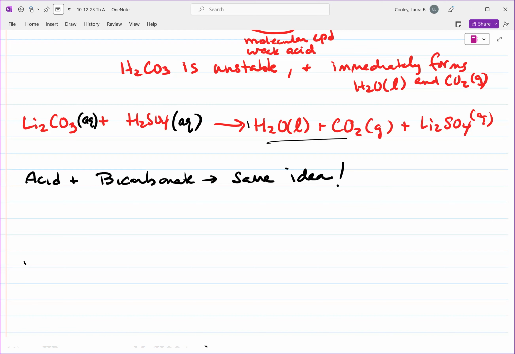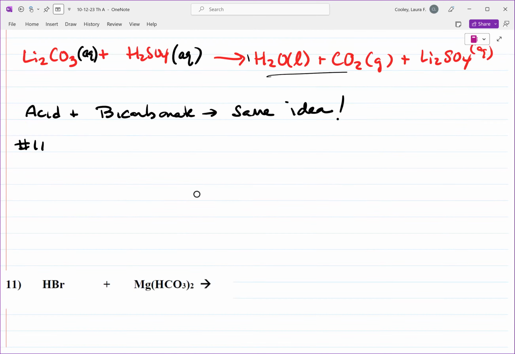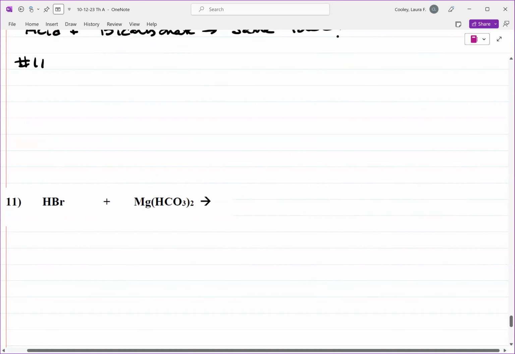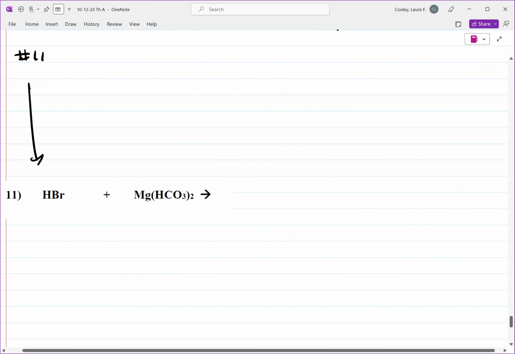And that carbonic acid, again, is not stable. So this is, say, number 11. I don't know if I have number 11 here. Oh, look at that, number 11, right down there. Okay, so the first product I'm going to write is H2CO3. But I know that that's not the final product.